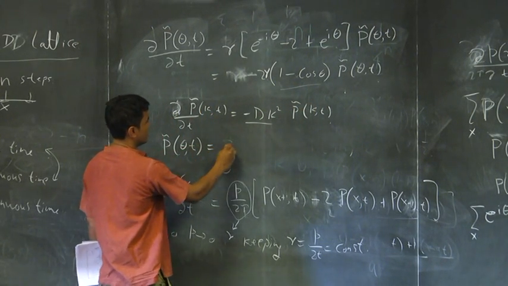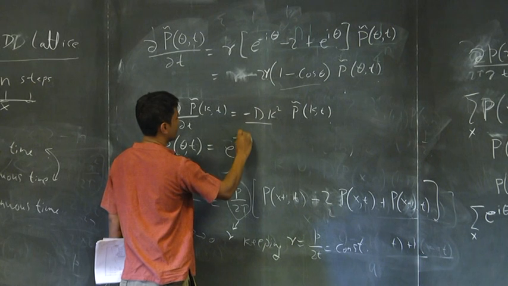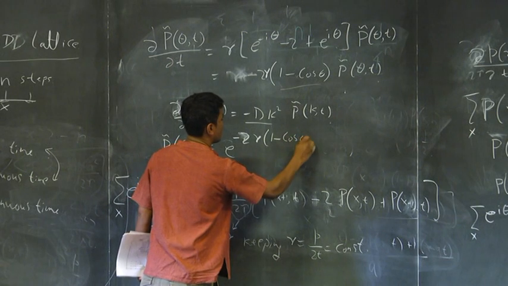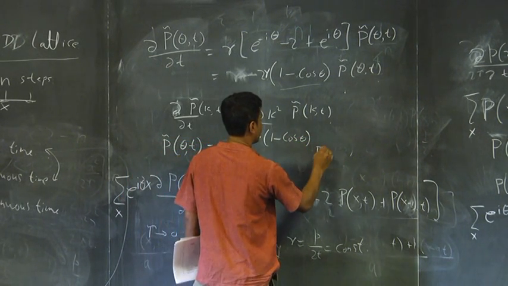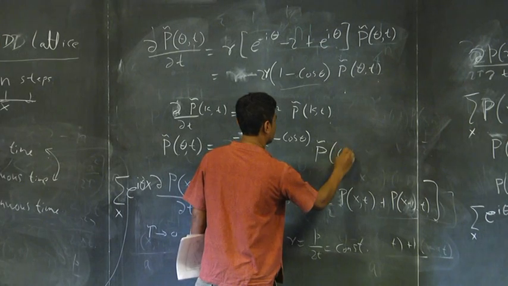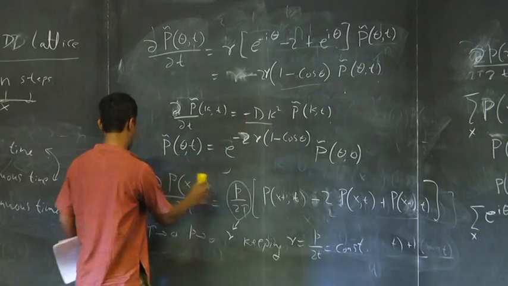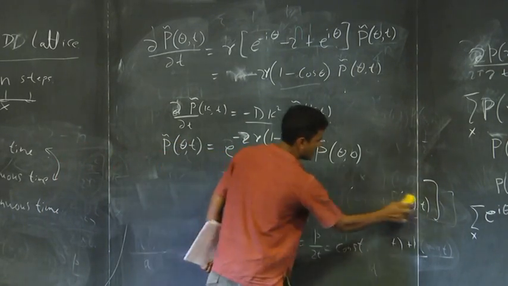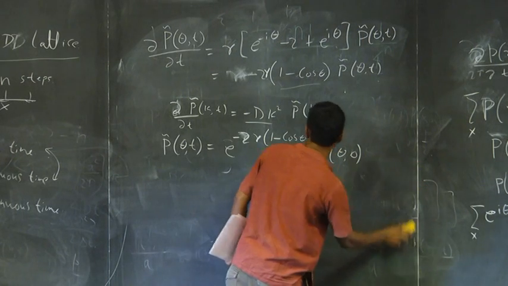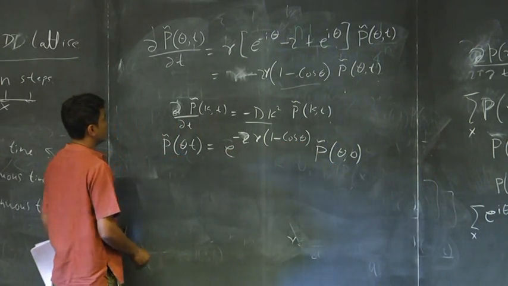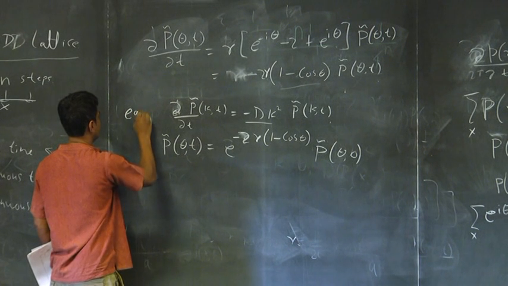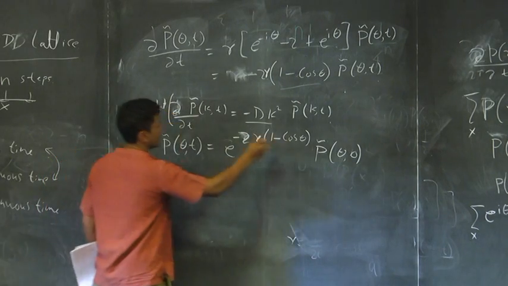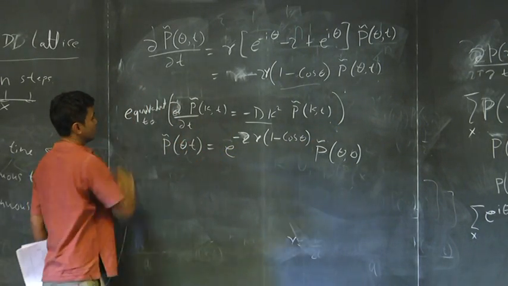And so it's e to the power minus this times t.